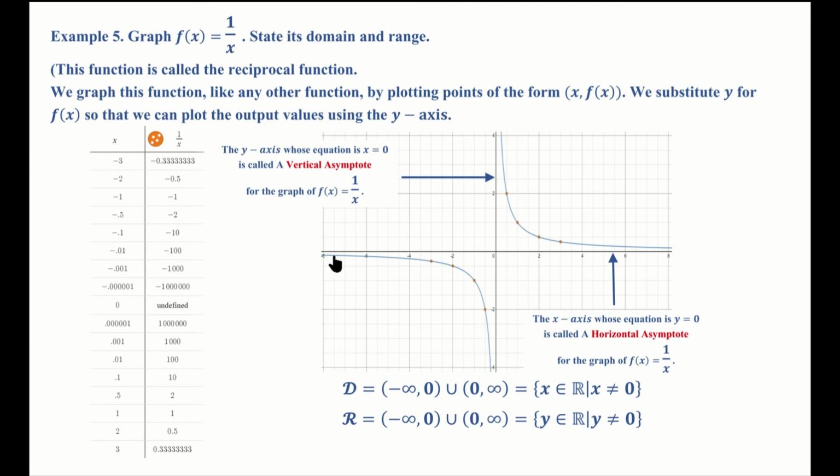But when you approach this way, in other words, when the x values become smaller and smaller, or larger negative values, the y values get closer and closer to 0, but never actually become 0. So the x-axis plays the role of a horizontal asymptote. And of course, you know that the equation of the x-axis is just y equals 0.